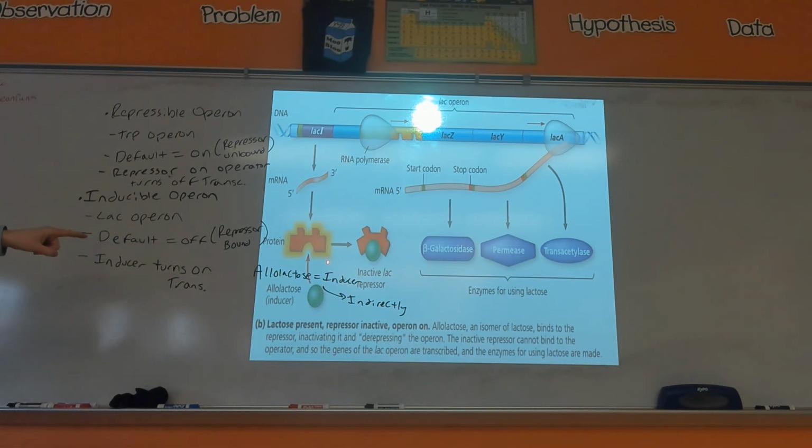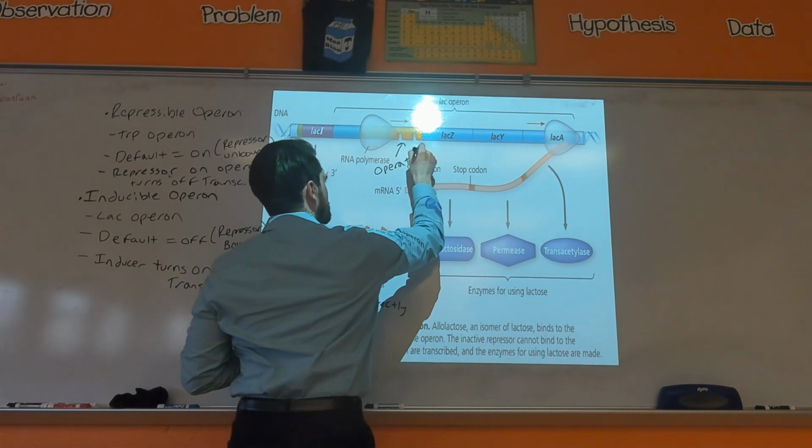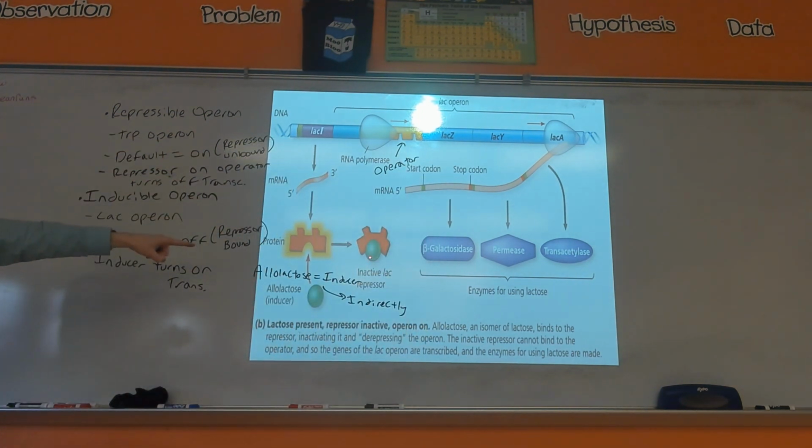It indirectly affects it by binding to the repressor. The repressor was here, right? The repressor was being a hater, binding to the operator. Little vocab, that's the operator. So the repressor was there, but because lactose is in the medium, lactose binds to the repressor, inactivating it.